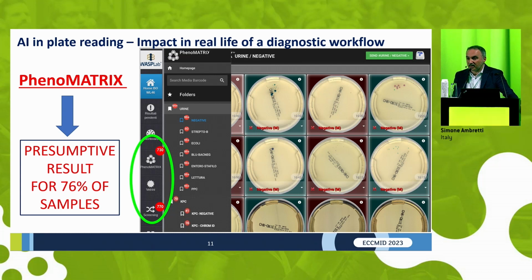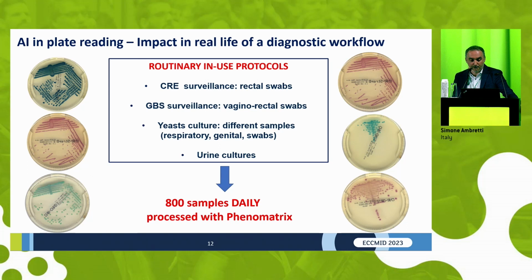From 80 to 90% of plates incubated into WASP Lab incubators are receiving currently presumptive results evaluated by Phenomatrix application. We are currently using 4 different routine protocols for CRE surveillance, GBS surveillance, yeast cultures, and urine cultures, globally evaluating daily 800 samples with Phenomatrix application.